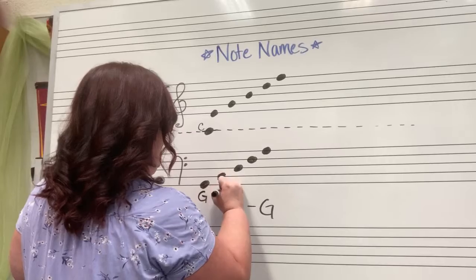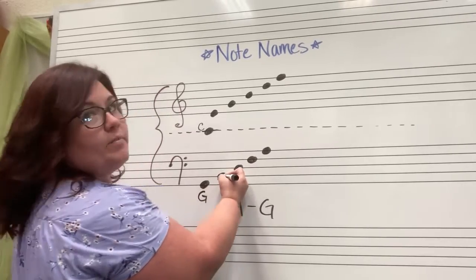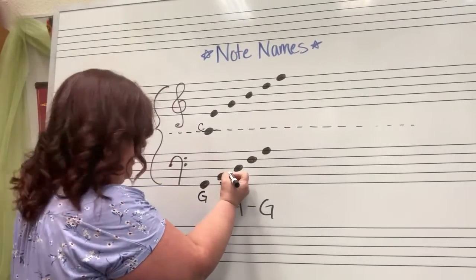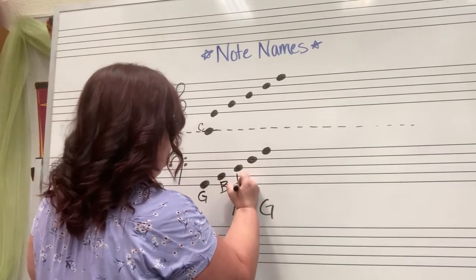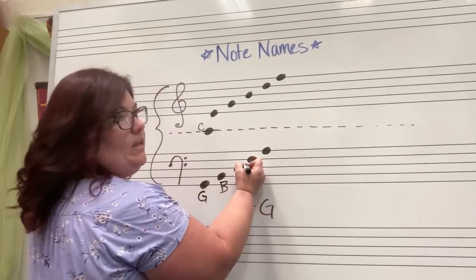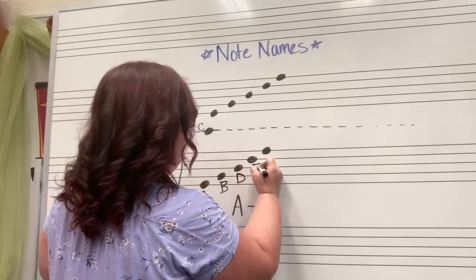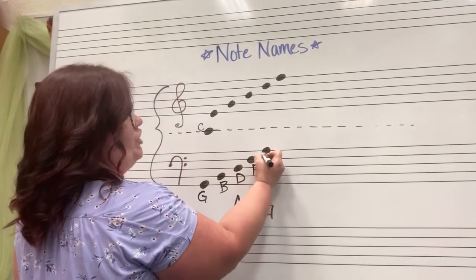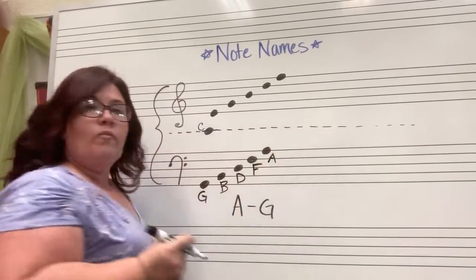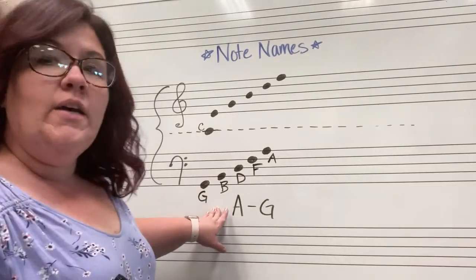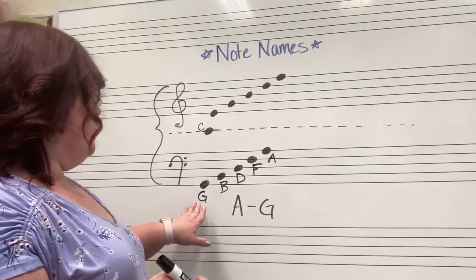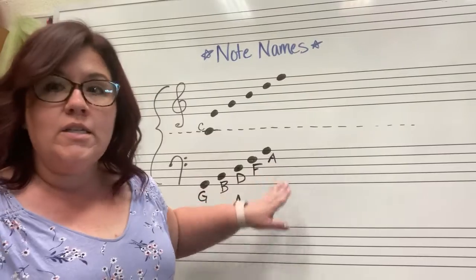Then we're gonna go to B. And then what comes after B in the alphabet? C. So this line would be what? D. E in the space. F on the line. G. And then A.